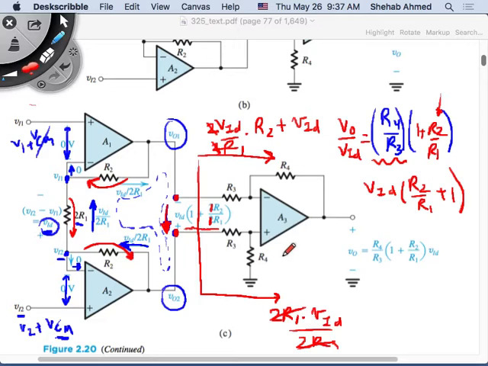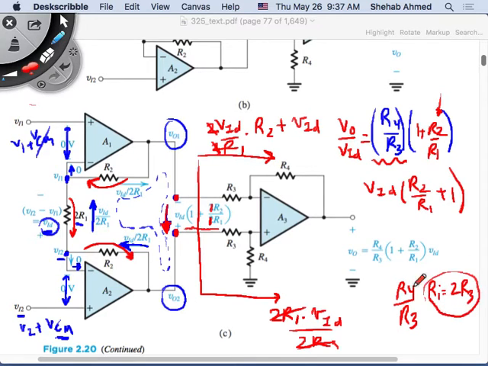Well, we said that the difference amplifier has a problem of low input impedance, right? That was the problem from the previous circuit here. That was the problem with the single difference amplifier by itself when we want to make it high gain, because the gain of the difference amplifier is R4 over R3, and the input impedance of the difference amplifier was 2R3.